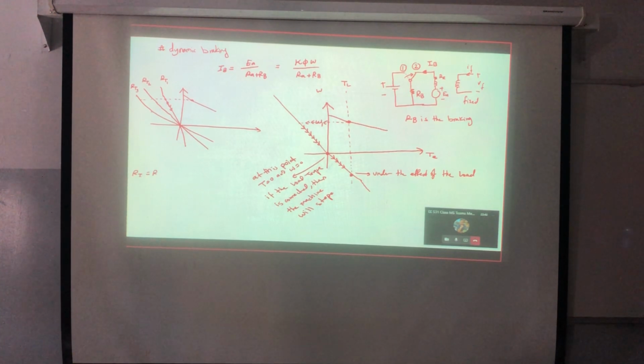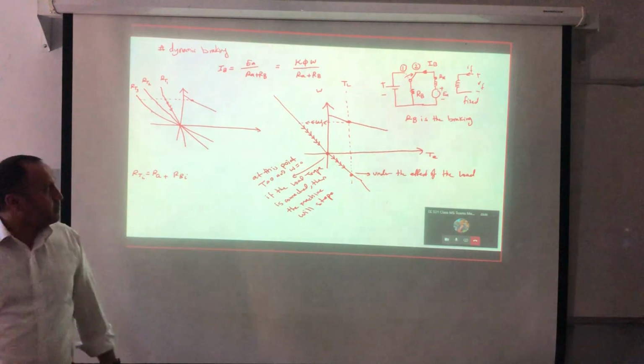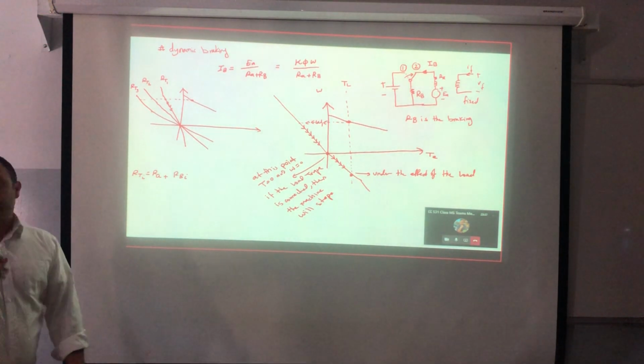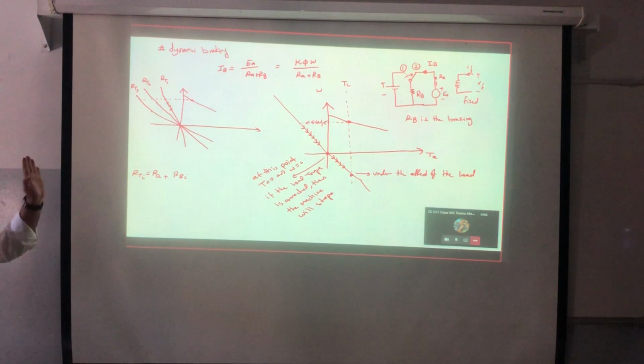R total of i is equal to RA plus R braking of i. So simply here I'm assuming that I'm having 3 different values of the braking resistance. Good? Now the first question: which line is for the smallest braking resistance?